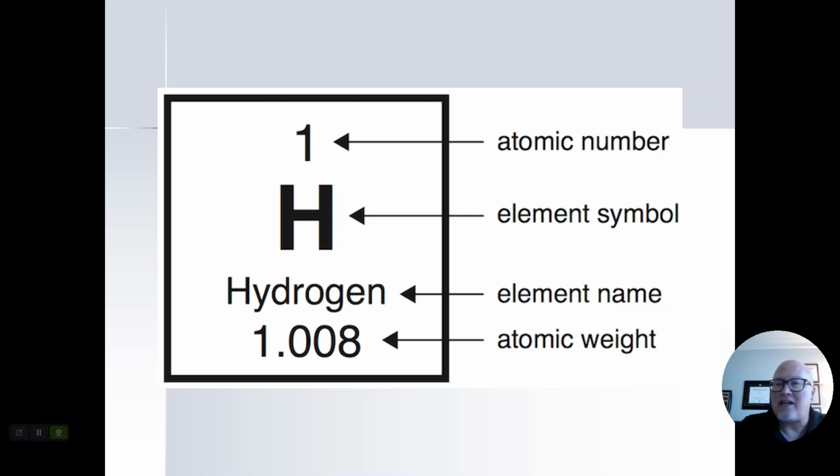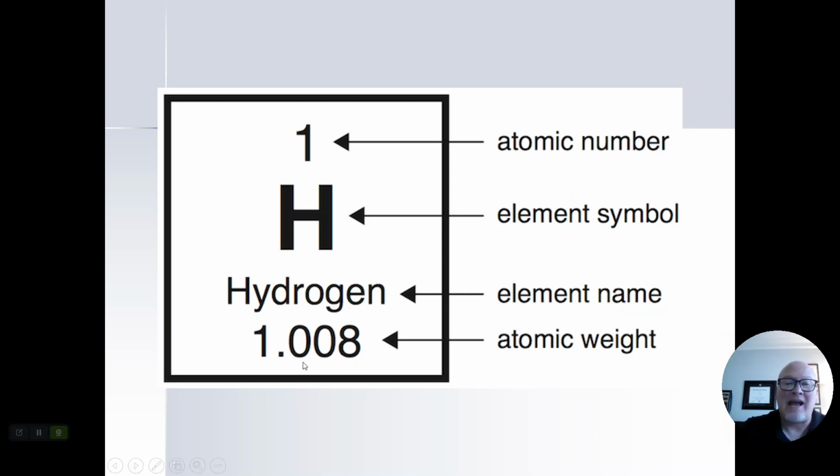So for instance, if we take a look at hydrogen, the typical symbol on the periodic table, we have the square, and you will have the elemental symbol, which for hydrogen is simply H. We have the atomic number 1, which tells me that I have 1 proton in an atom of hydrogen, and as long as it's neutral, I'm only going to have 1 electron.